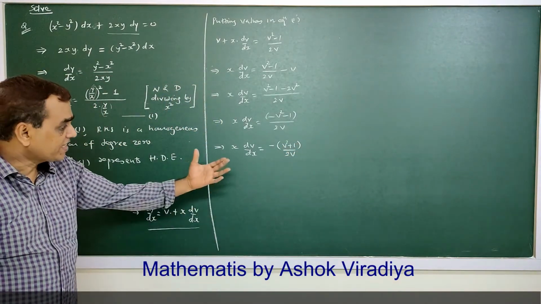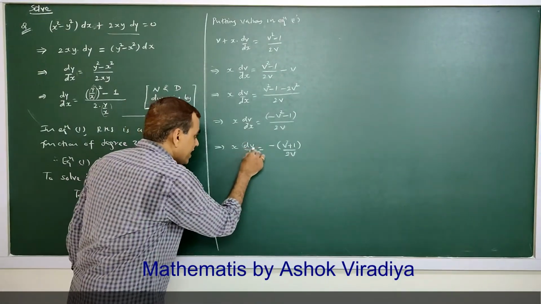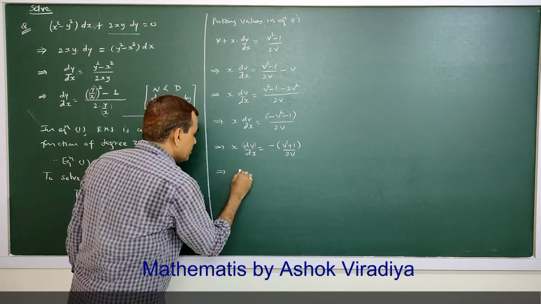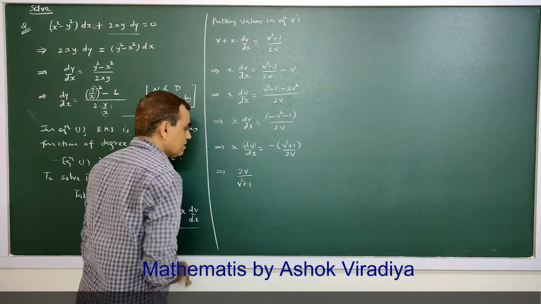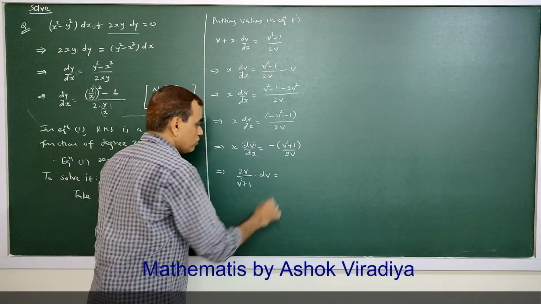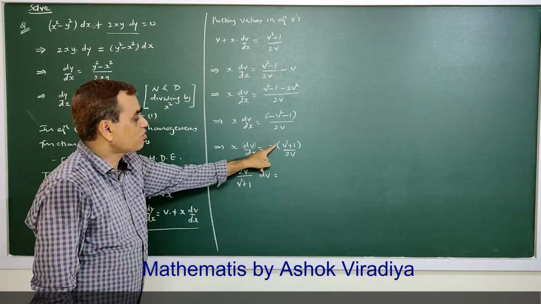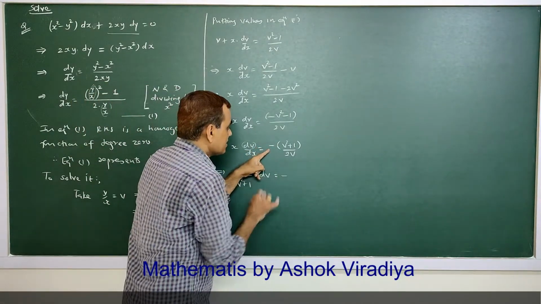And now it is ready to convert into variable separable form. So on the dv side I take these terms: 2v comes in the numerator, v square plus 1 comes in the denominator. This is dv equal to, if you find any constant here, whether positive or negative or only a minus sign, leave it as it is.